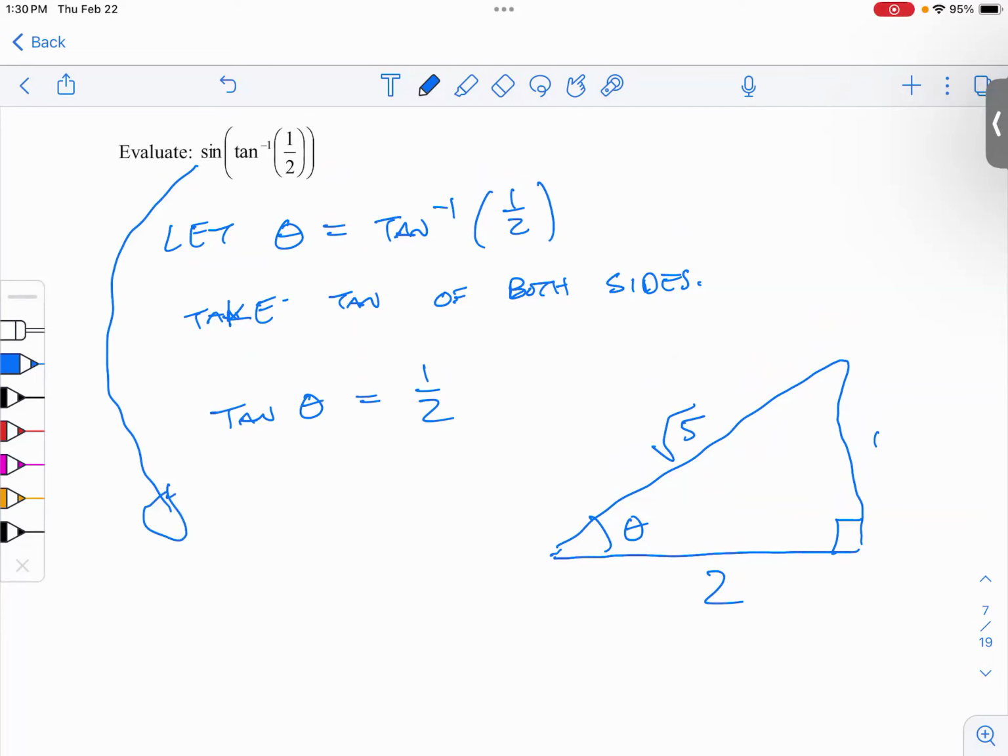Since I let theta equal that whole inside, now I have sine of what? Given my substitution, it's not sine of tan inverse of 1/2 anymore.